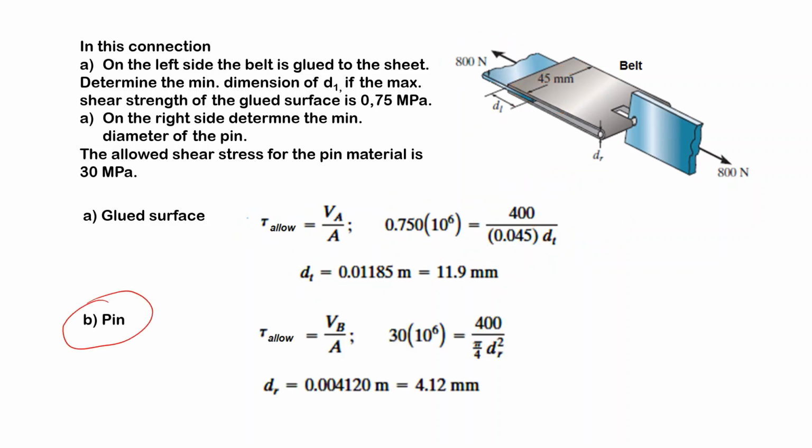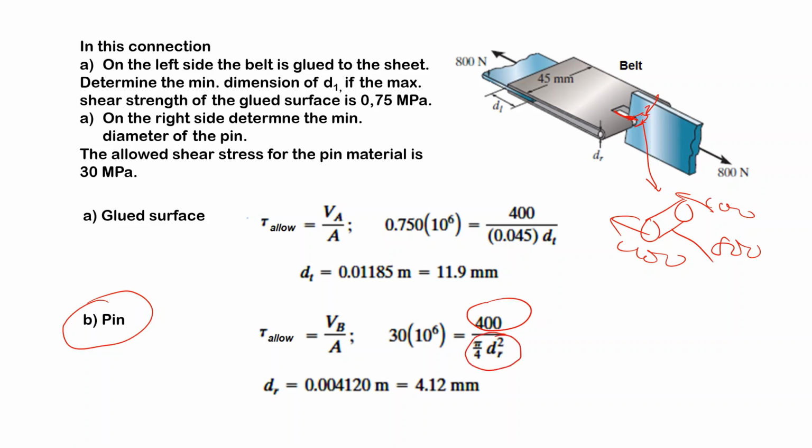Next is the pin. As you see, the pin is again loaded by two surfaces. If we apply 800 over here, it is 400 and 400, so 400 divided by the cross-sectional area of the pin gives you the average shear stress, which should be less than the allowed shear stress of the material.